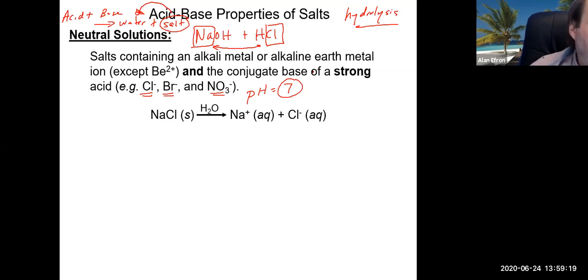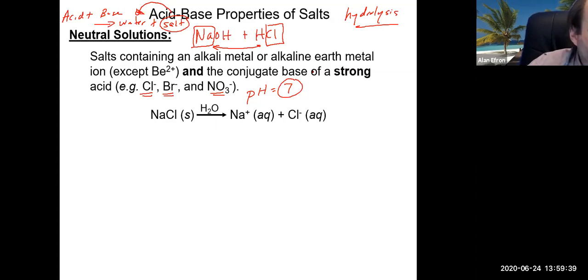And so we can almost make the jump that the base here would probably be sodium hydroxide. In theory, it could be something else with sodium, but it's most likely sodium hydroxide because we're specifically talking about acids and bases reacting together.